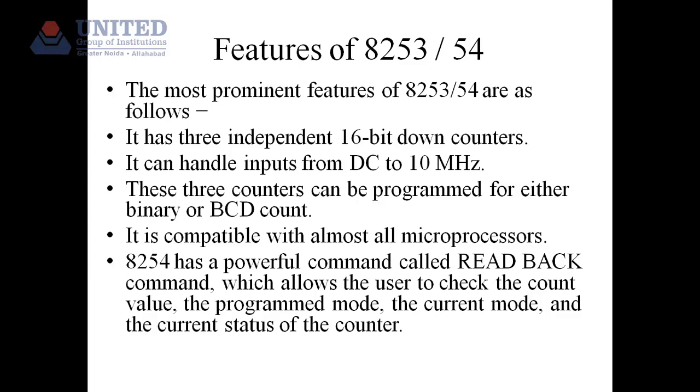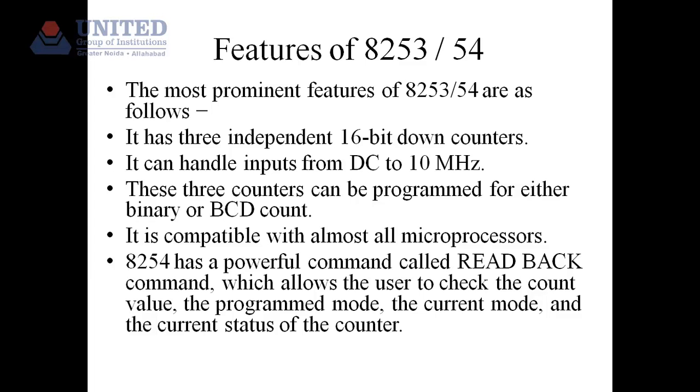Now coming on to the basic features of 8253/54, because we know there are very few petty differences between these two ICs, and more or less the working and operation of both the ICs are very much similar. The more prominent features are: it has three independent 16-bit down counters. Any 8253 IC has three 16-bit down counters, and it can handle inputs from DC to 10 MHz.